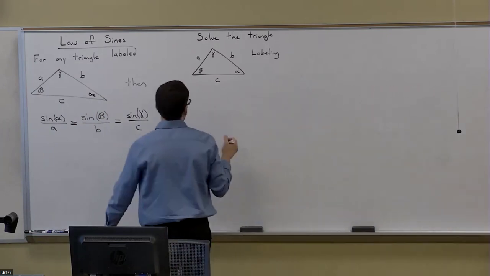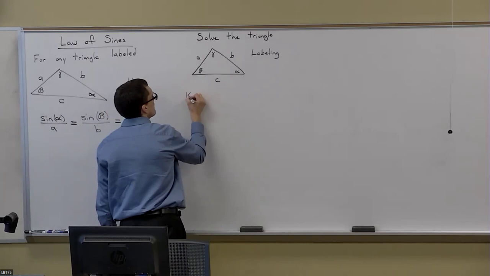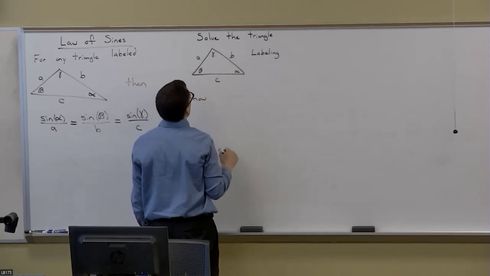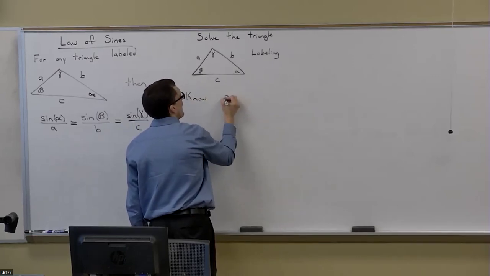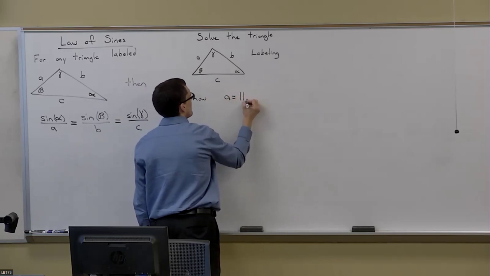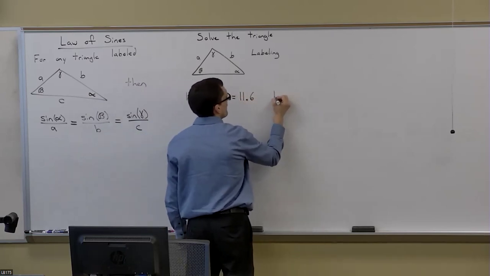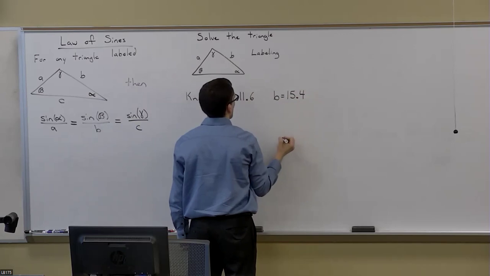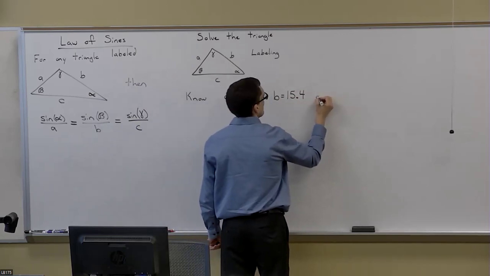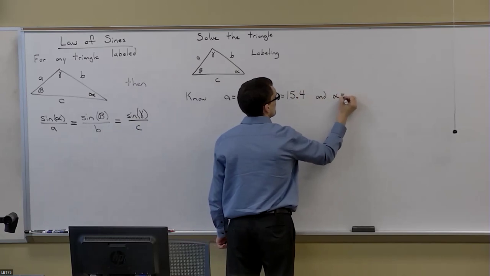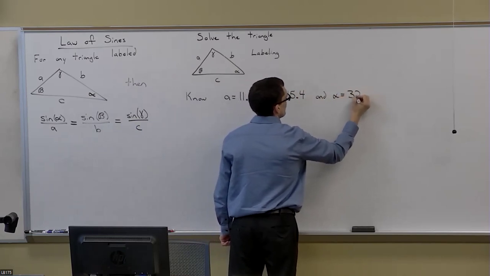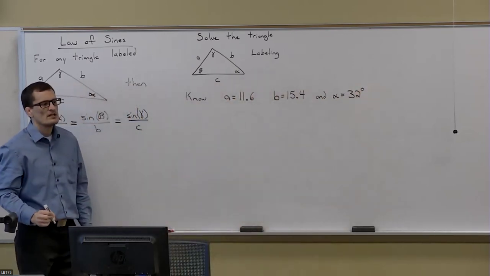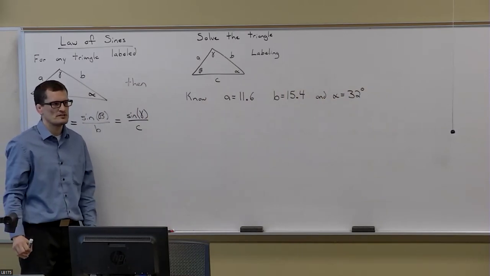So solve the right triangle. Let's say we know side angle. So let's say we know A is 11.6, B is 15.4, and alpha is 32 degrees. Let's find the other measurements.